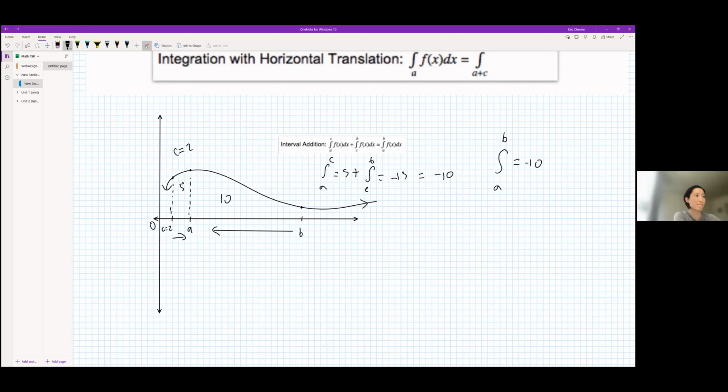And folks in group 3, so I don't know if people knew what room they were in, but if you were in that room, how does this compare to what you had for interval addition?